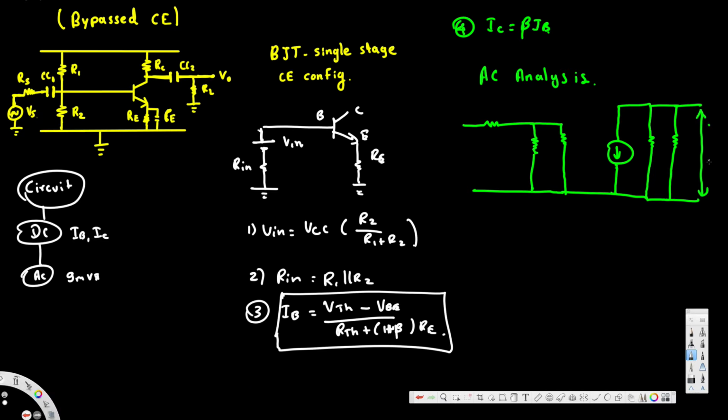The voltage across here is V output, and the resistor here is R load, and this one is RC, and this one is collector.